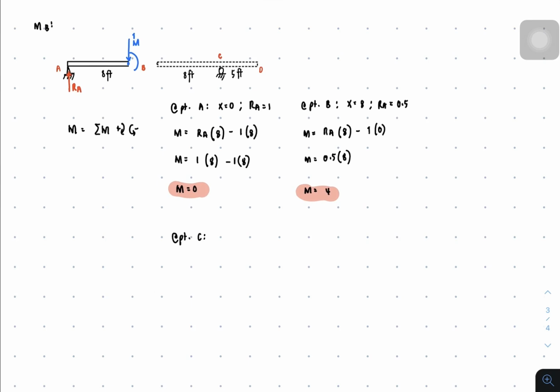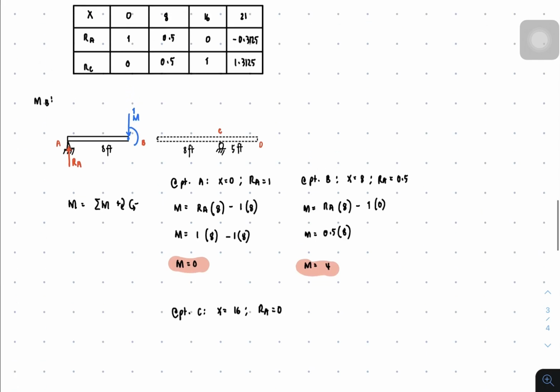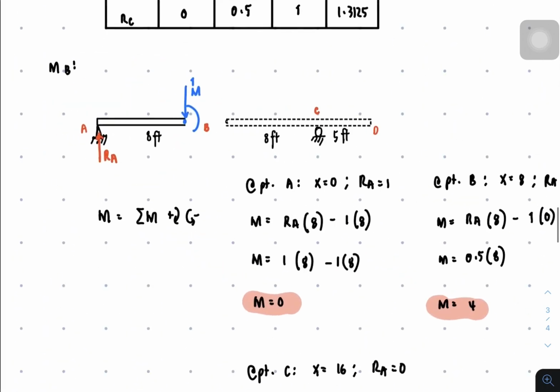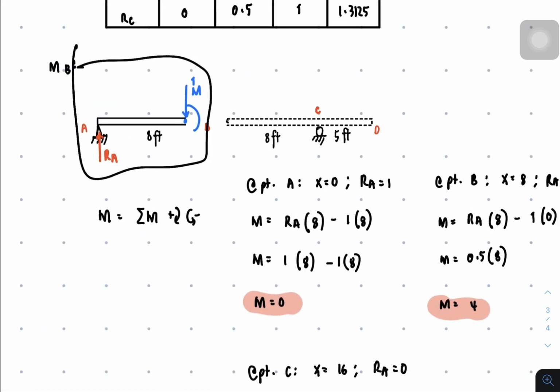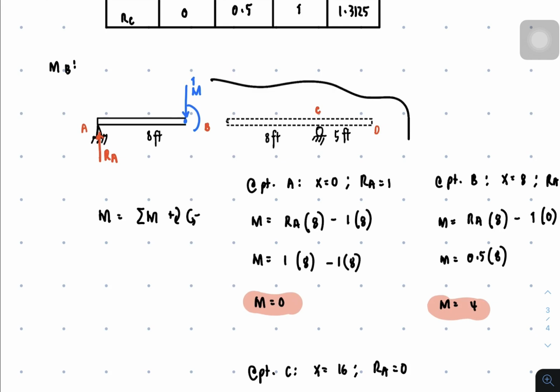Then the next point is at point C, where X is equal to 16 and RA is equal to 0. I'm always using RA because we're using this section. If you're going to use RC, then make sure that you use the other section.